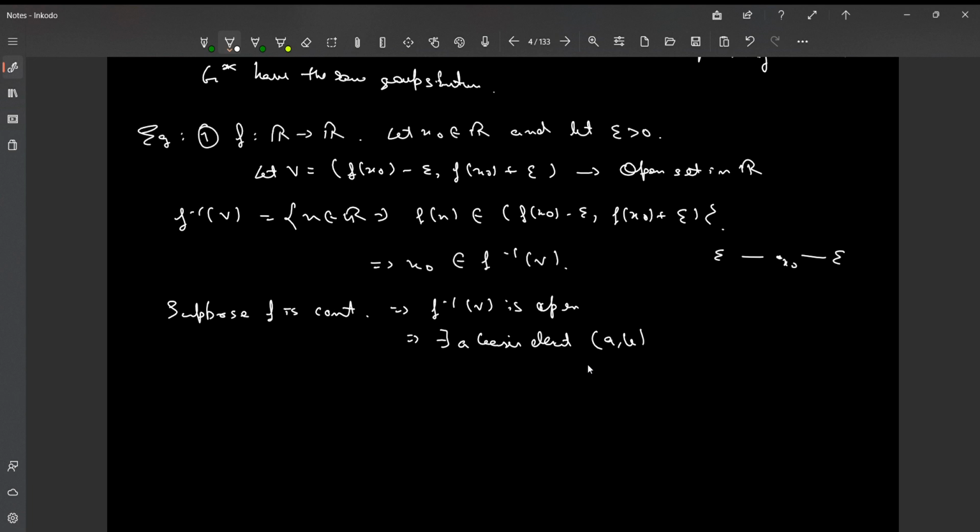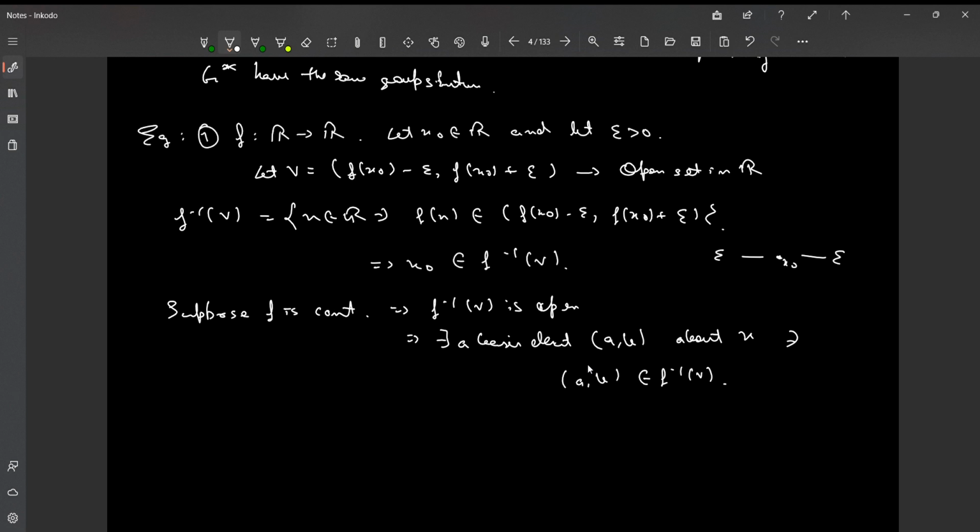So there is a basis element (a, b) about x such that (a, b) is contained in f inverse V. Is this clear? So there is the basis element (a, b) about x which is contained in this f inverse V, since f inverse V is an open set.